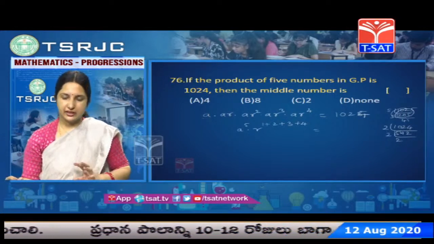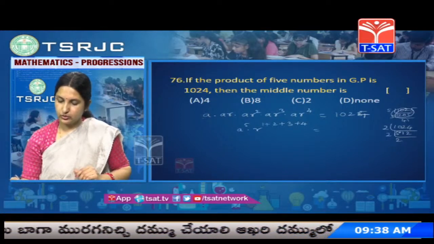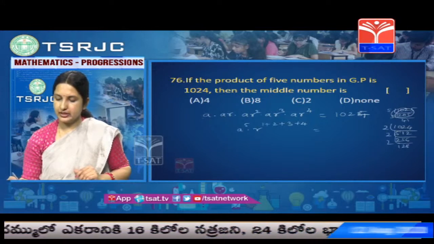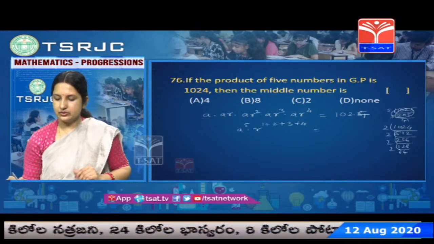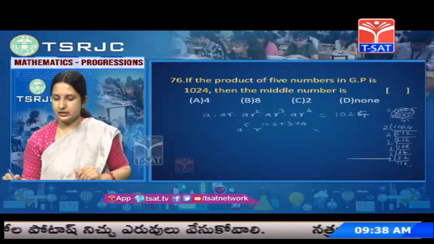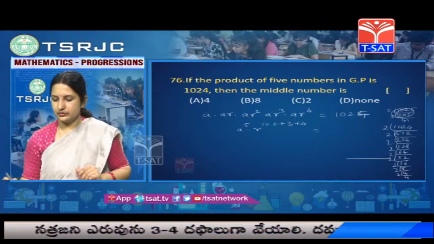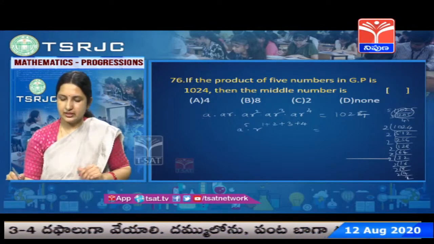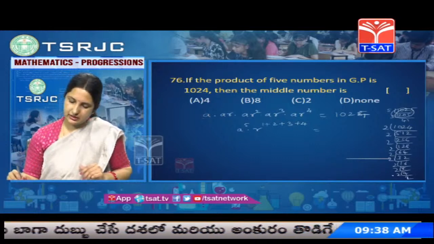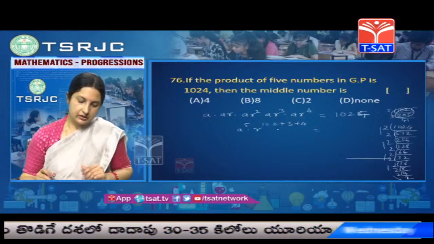This I know is 2 to the power 10. 1, 2, 3, 4, 5, 6, 7, 8, 9, 10. 2 power 10. That means 4 power 5. Okay, we'll see.